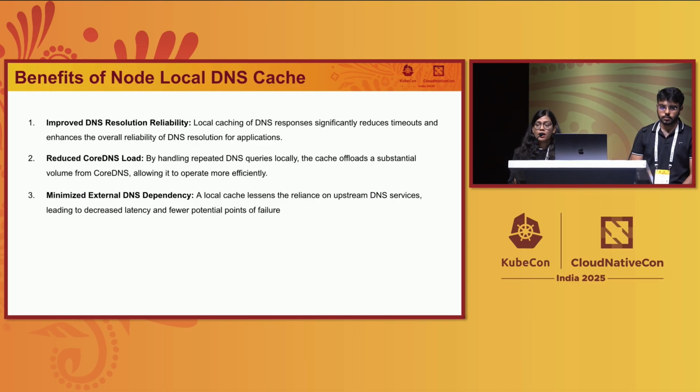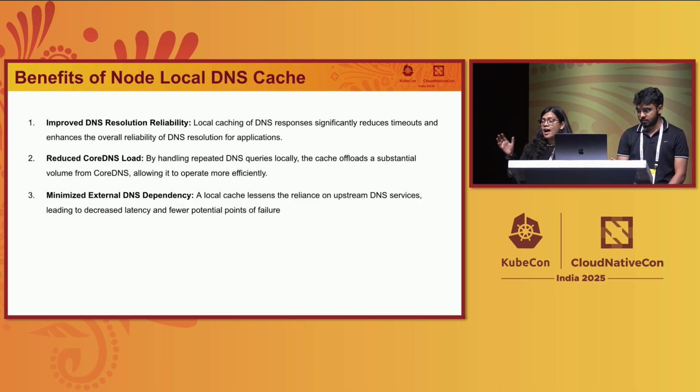Second, we see reduced core DNS load. By handling repetitive queries, the cache offloads drastically, and hence it reduces the bottleneck performed by the CoreDNS. Finally, we see minimized external DNS dependency. A local cache lessens the reliance on the upstream DNS. That means lower latency and fewer external timeouts.